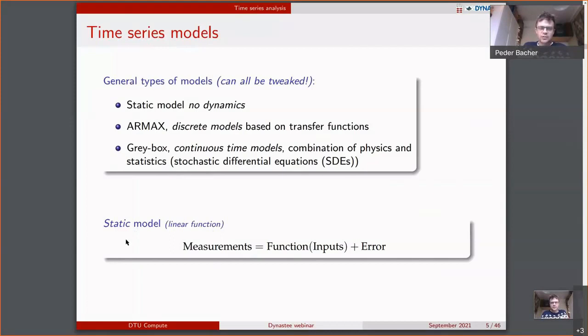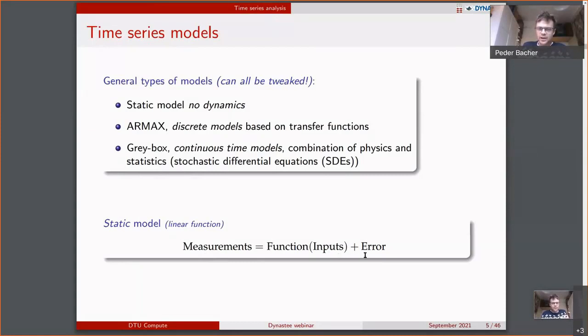If we have a static model, we will basically think of this. We have some measurements that we want to predict. It could be the heat load of a building or the temperature in a building. Then we have some inputs, which could be the ambient temperature, solar radiation. And then the model is some function of these inputs.